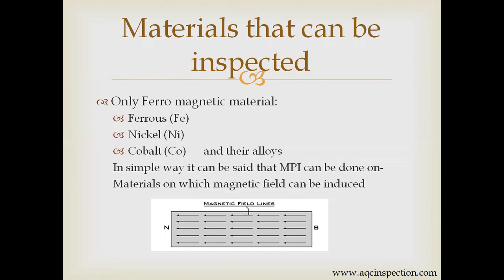Ferromagnetic materials are materials with a major content of ferrous, nickel, or cobalt, and their alloys. It can be simply said that MPI can be done on materials on which a magnetic field can be induced.